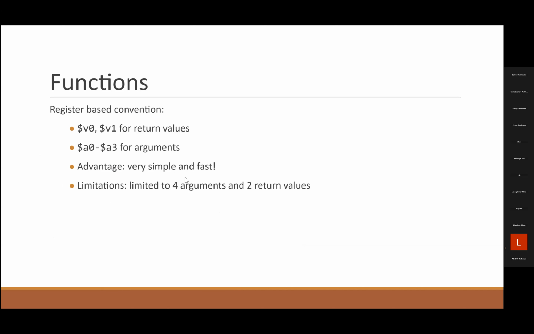This is a very simple convention, especially compared to the ones with the stack that we will see later on. But it has its limitations because we only have 4 A registers, so we're limited to 4 arguments and 2 return values. But it's still useful for simple functions.